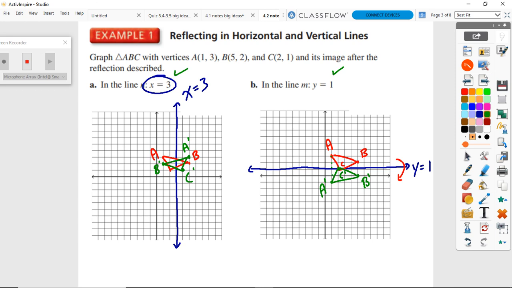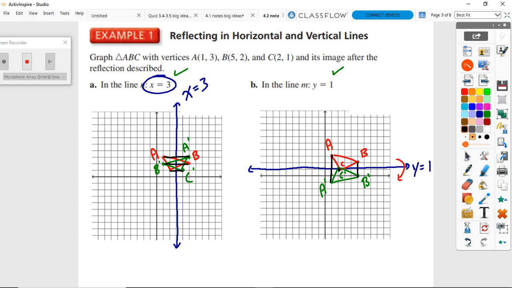And so our reflected triangle will look a little something like that. And again, guys, it's all about thinking about the line of reflection being the perpendicular bisector between the points. So A and A prime, B and B prime, C and C prime, whether or not it's horizontal or vertical.